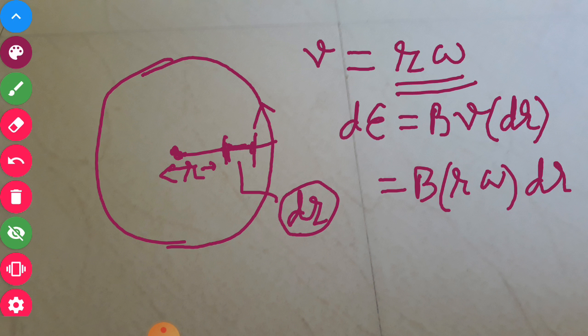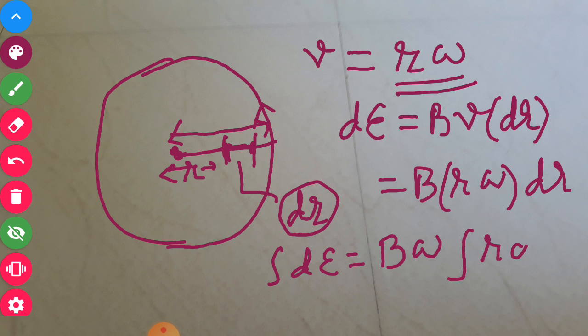Now if you want to find it for the whole length, we have to take the integration. So integration of dE equals B omega, since B and omega are constant, times integration of r dr. The initial point has length 0, and when you reach the end the total length is r.